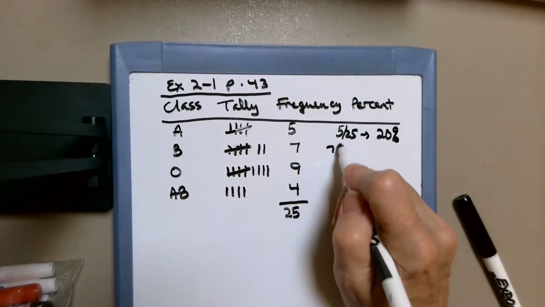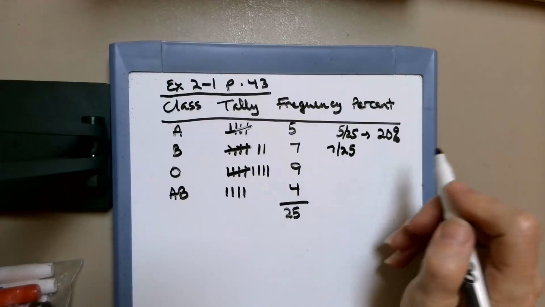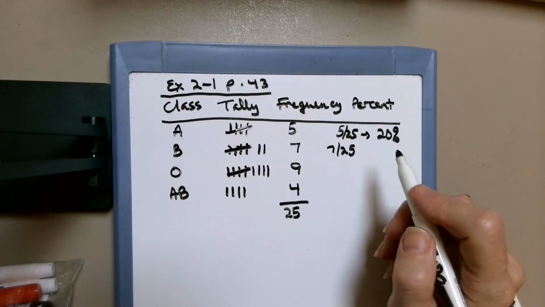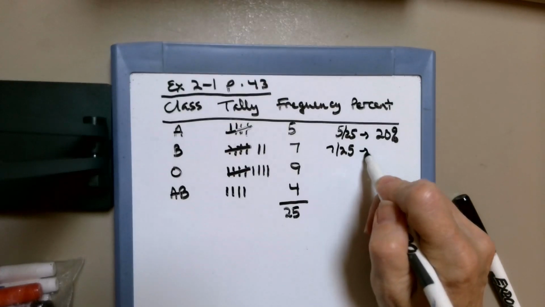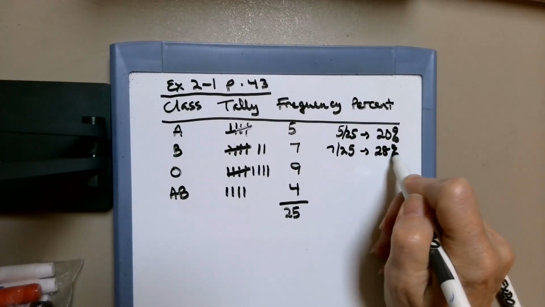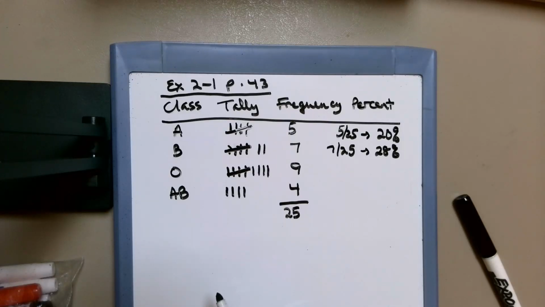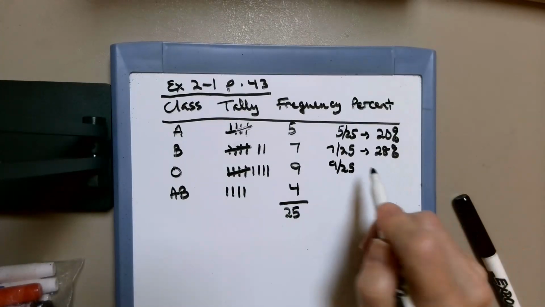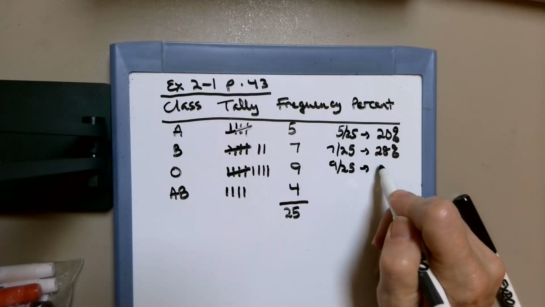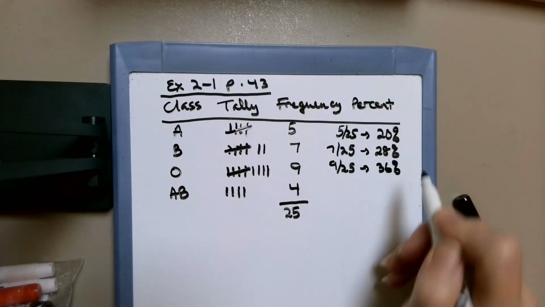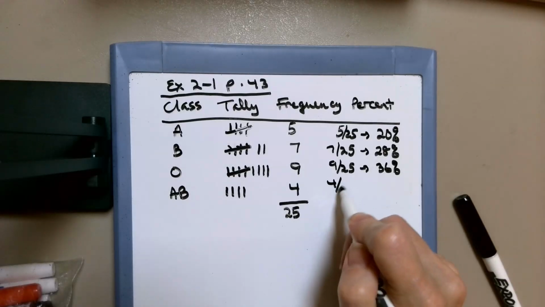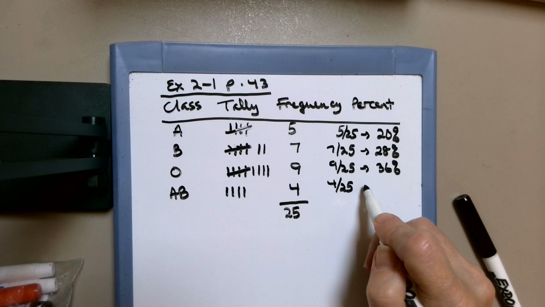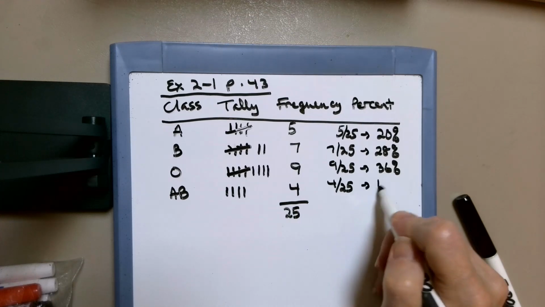If I take 7 B's divided by 25, you're going to get 0.28, which gives you 28% who had type B. If I take 9 divided by 25 for type O, that gives you 0.36 or 36%. And then 4 people out of 25 had type AB. When you divide that out, that gives you 0.16 or 16%.